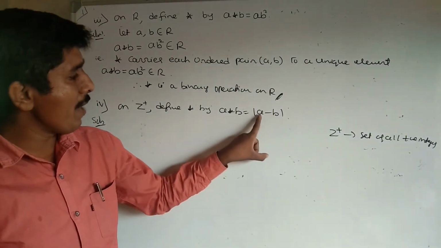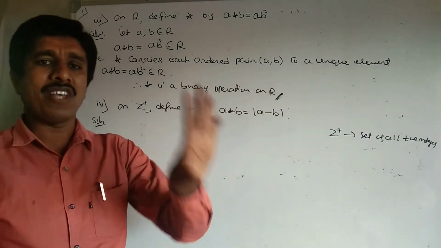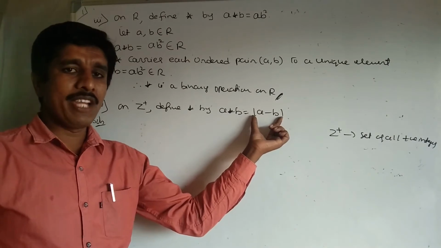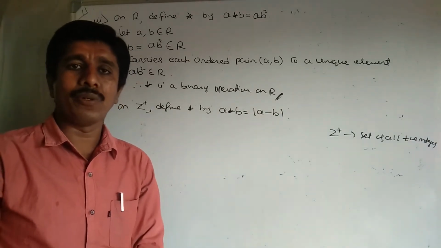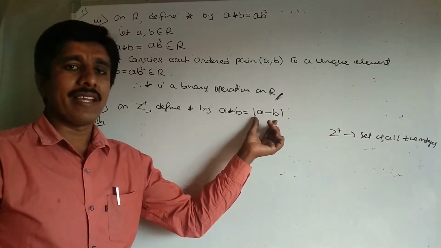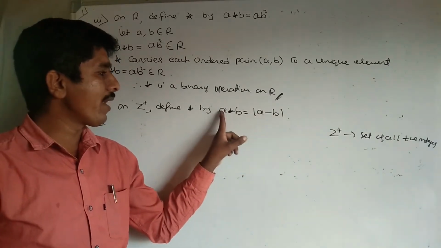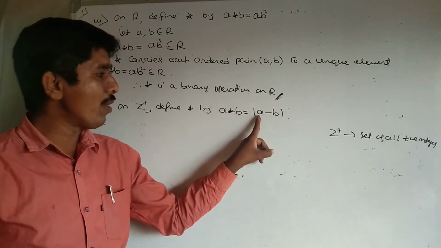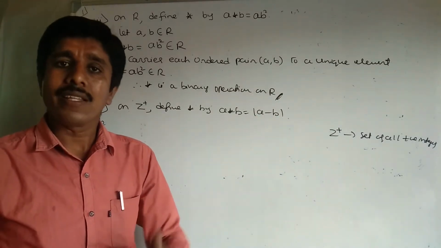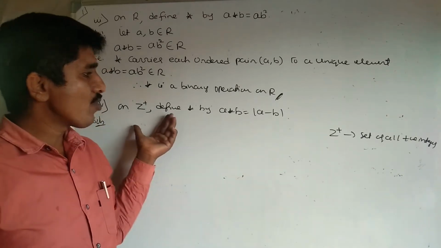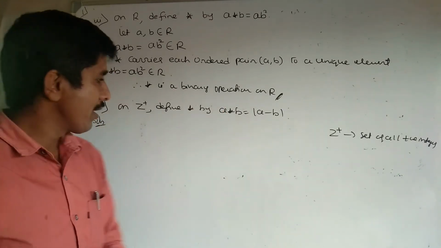Here modulus of a minus b: you take any positive numbers a and b. Modulus means clearly it will be non-negative integers. Therefore clearly you take any two positive integers, and modulus a minus b is again a positive integer, it cannot be negative. Therefore here star is a binary operation.